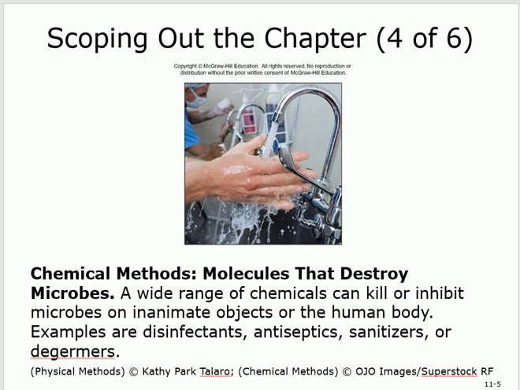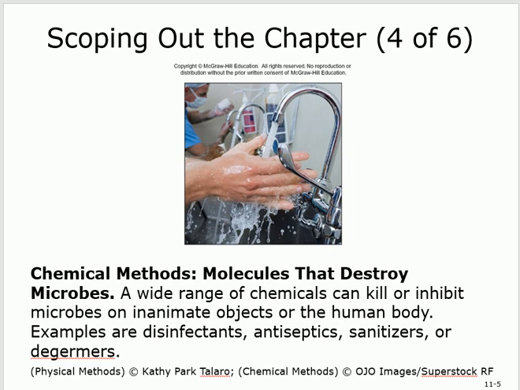But as a start, you need to remember that we're using molecules, whether it's organic or inorganic, that's number one. Number two, it can kill or inhibit. Are we clear? Kill means, what's the suffix? Cidal. If you're going to inhibit or slow down the growth, we call it static.